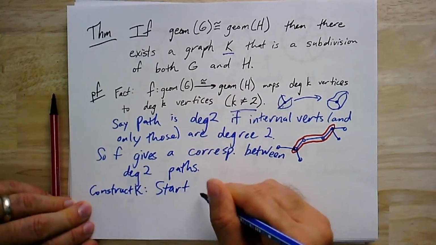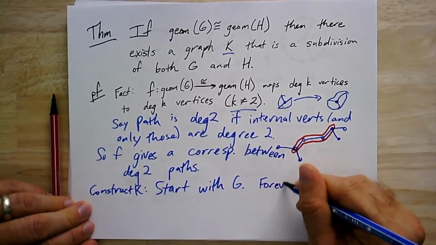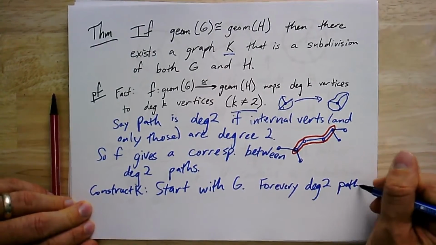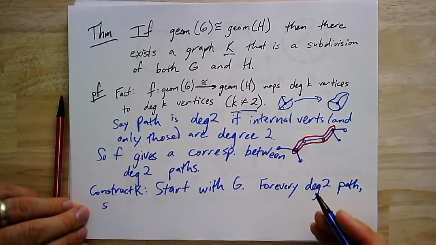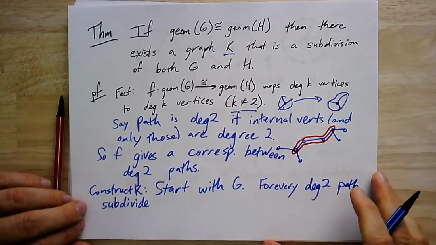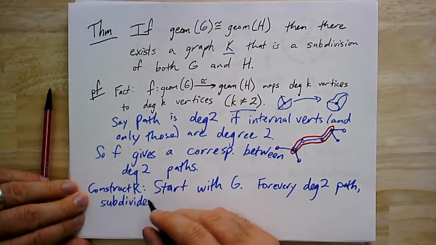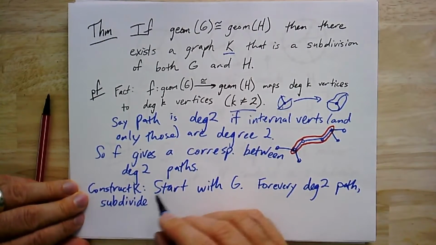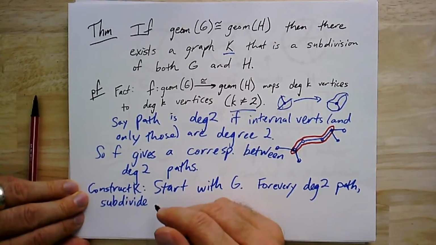We just start with G, and then for every degree 2 path, we're going to subdivide it until it's at least as long as the corresponding path in H. So if the degree 2 path in G has more pieces, has more edges than the one in H, then we won't need to subdivide it at all. But if H has more edges in the corresponding path, then we'll just subdivide it until it has at least that many.